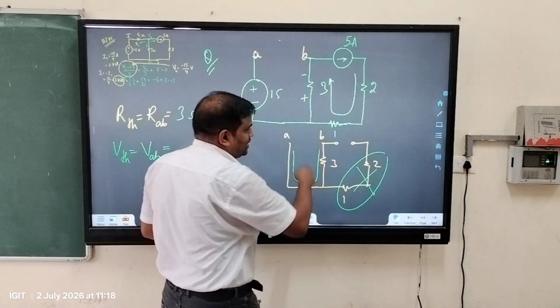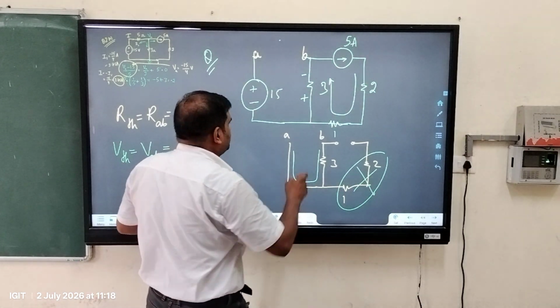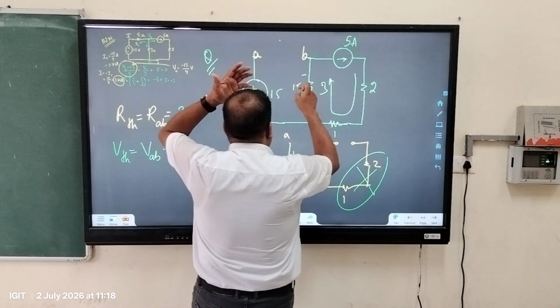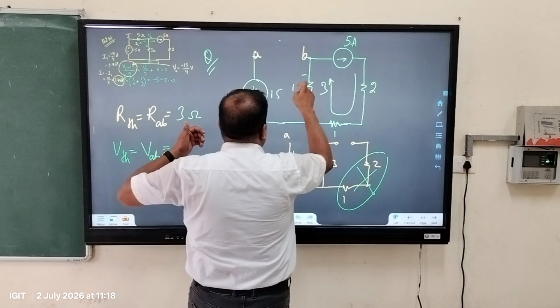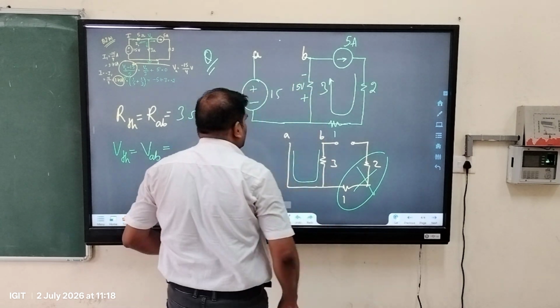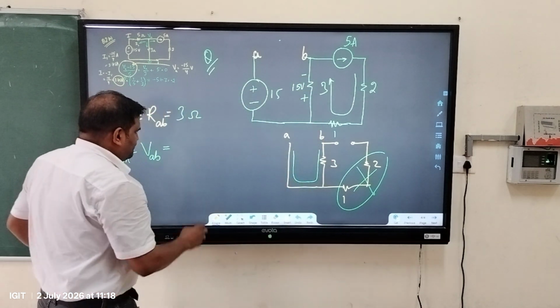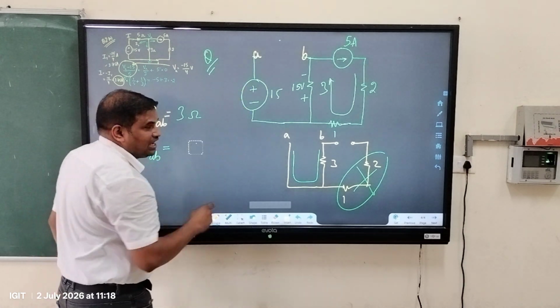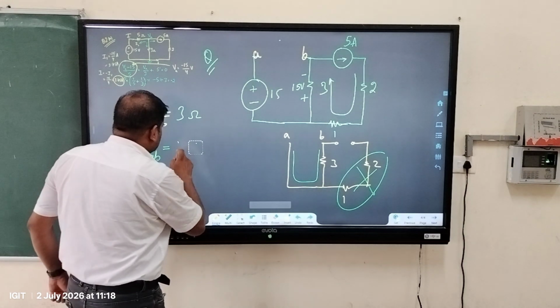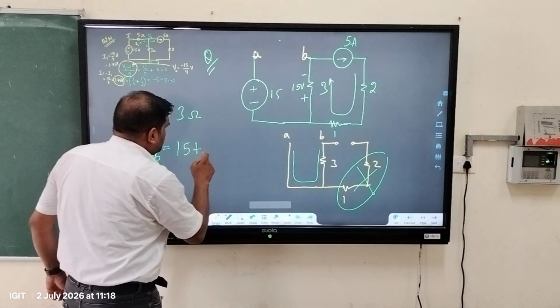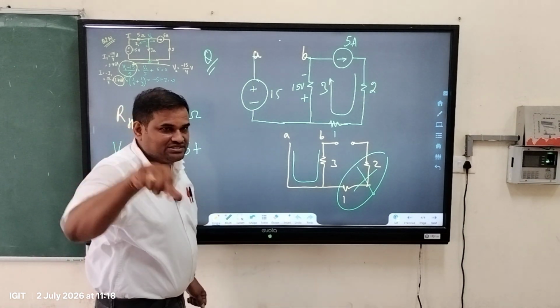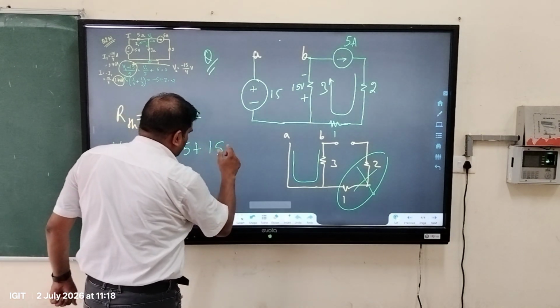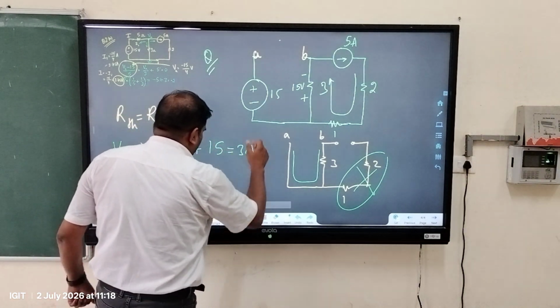So what is the potential across the resistor? 5 times 3, so this is 15 volts. Now apply KVL and find out what is VAB. So VAB is equal to, first you encounter plus 15, then you encounter again plus 15. 15 plus 15 is 30 volts.